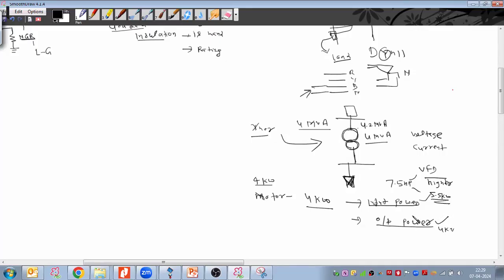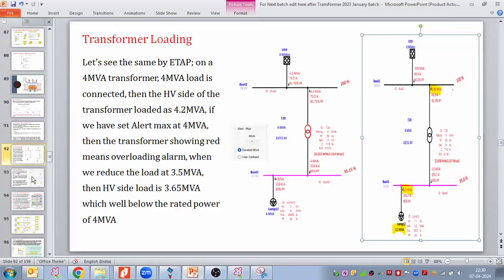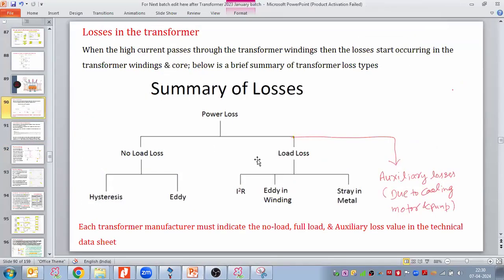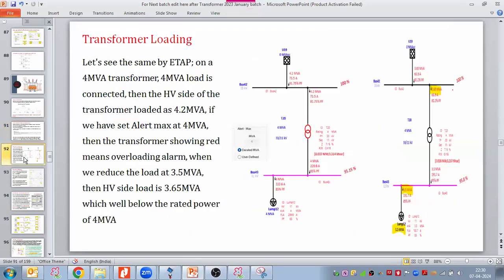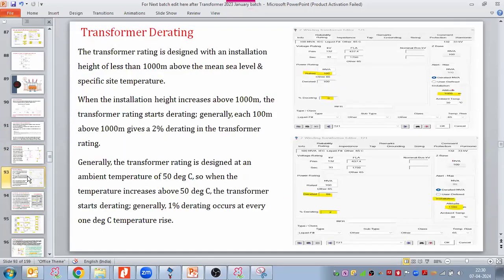Similarly for the starter, soft starter or dual starter, whatever you are taking. I hope I am clear with the losses, which is the main topic. I have explained about the rating and then loading of the equipment.